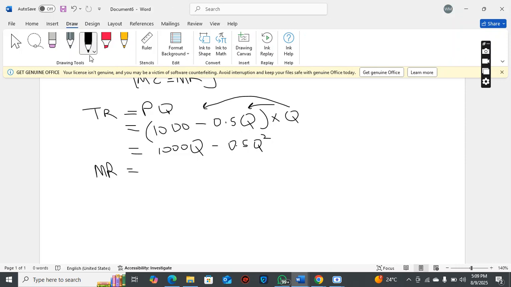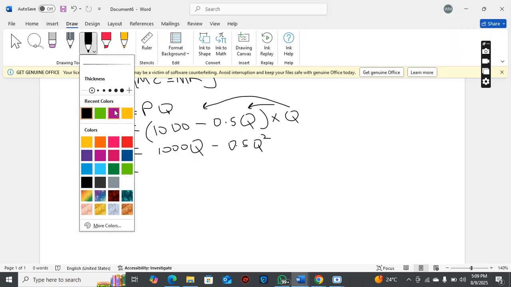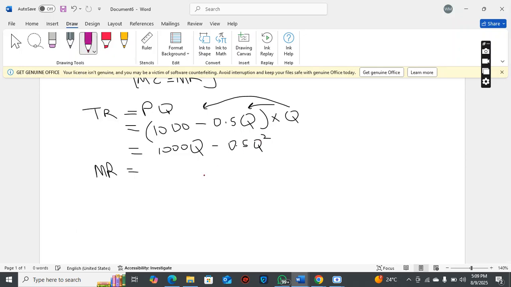If we differentiate this, what do we get? Because these are the questions you'll be dealing with, so differentiation, you have to be very conversant with it.